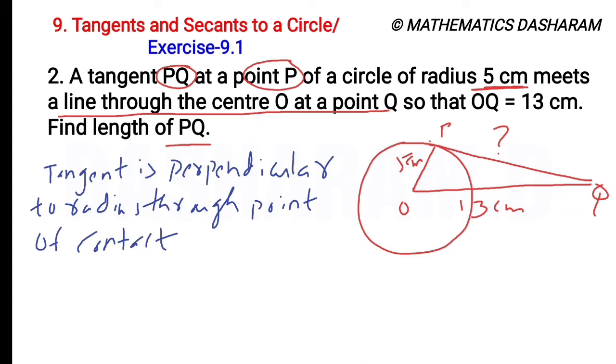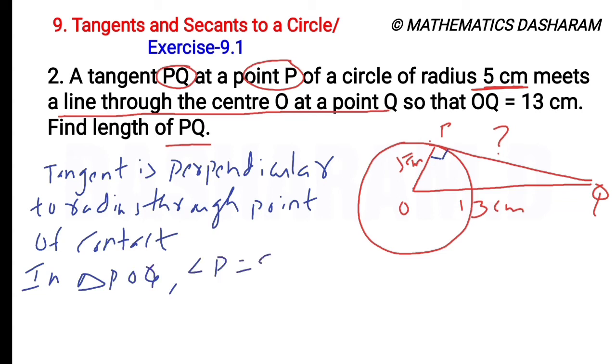So we have one theorem, that is, the tangent is perpendicular to the radius through the point of contact. So then in the figure at the place of P we can take 90 degrees. So to find out the PQ value, in triangle POQ, where is the 90 degrees?